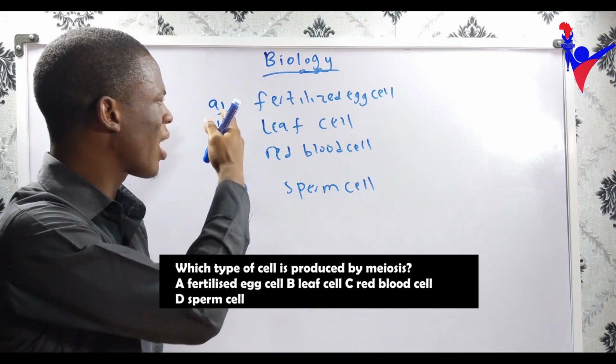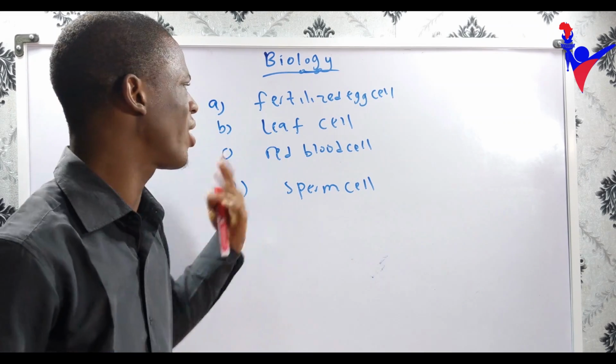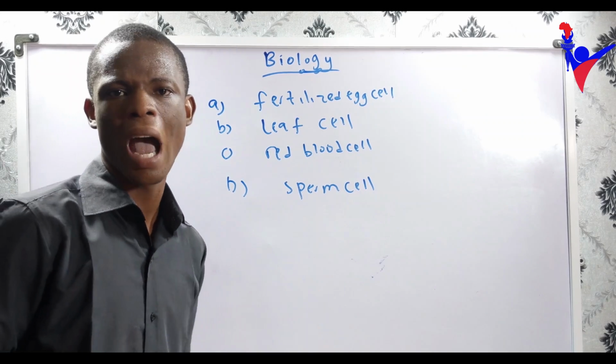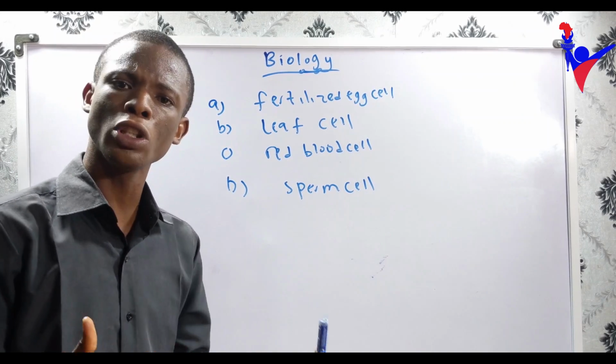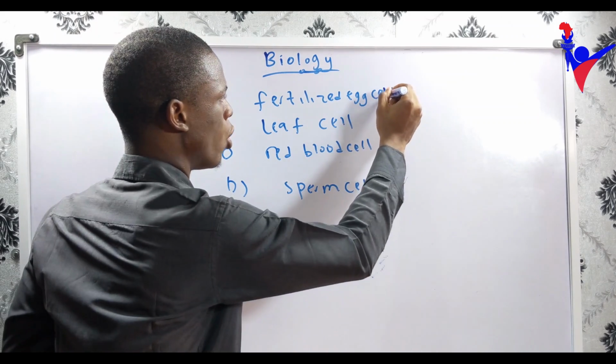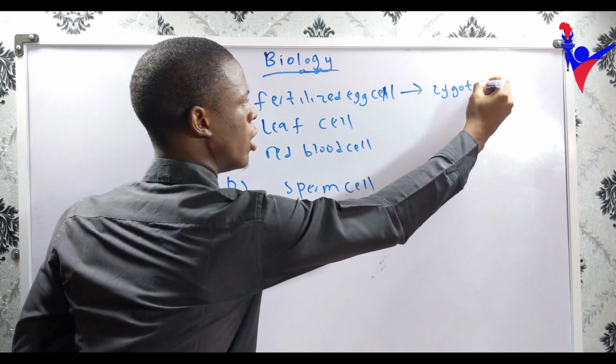Let's first look at the first option, a fertilized egg cell. What do we mean by a fertilized egg cell? A fertilized egg cell is the fusion of the male and female gametes, which gives us a zygote.